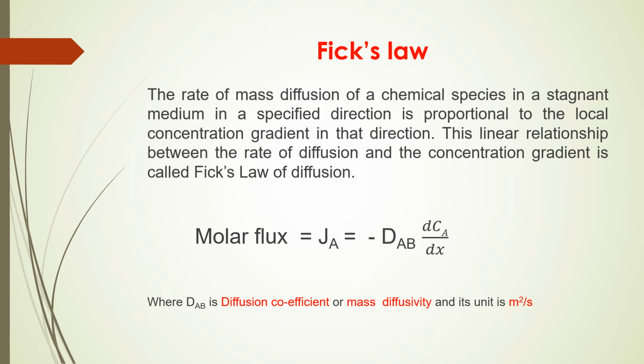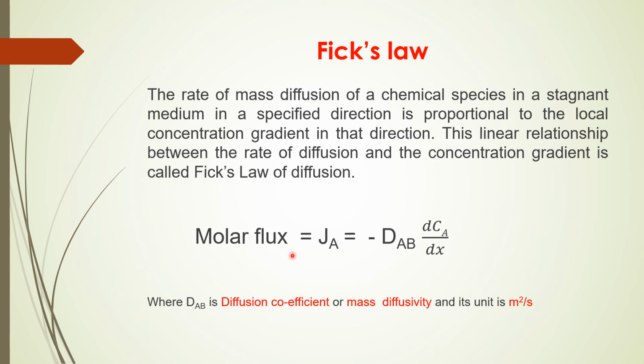First, the rate of mass diffusion of a chemical species in a stagnant medium in a specified direction is proportional to the local concentration gradient in that direction. This linear relationship between the rate of diffusion and the concentration gradient is called Fick's law of diffusion.